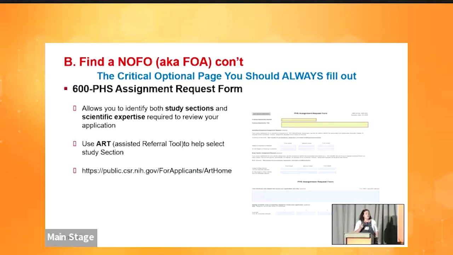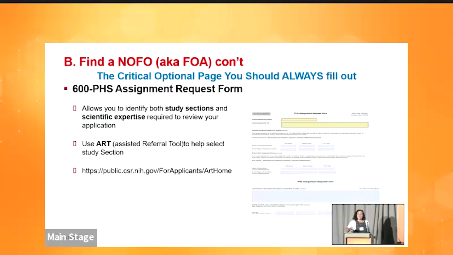The second thing it does is it gives you 5 areas of scientific expertise that are required to properly review your application. Remember, study sections are a group of, the biggest is maybe 40 people. And when your grant comes in, they try to have 3 people who have the expertise that you require. Okay, everybody else is a generalist because they have to cover all the other topics that that study section is using.